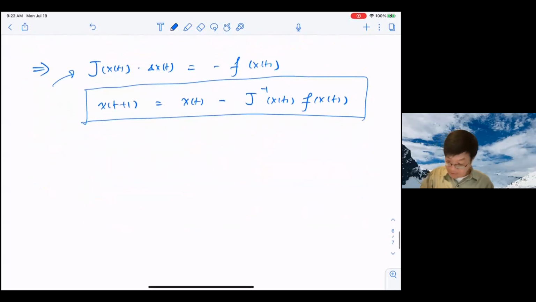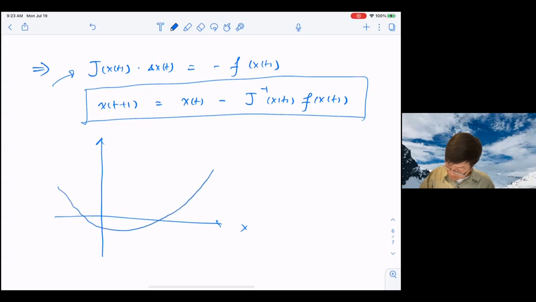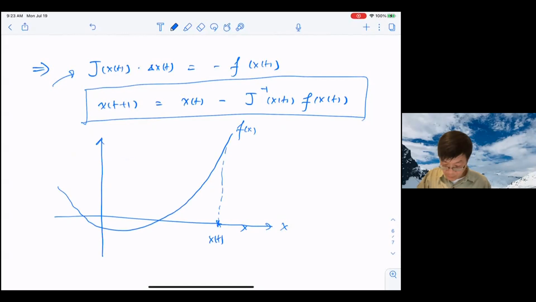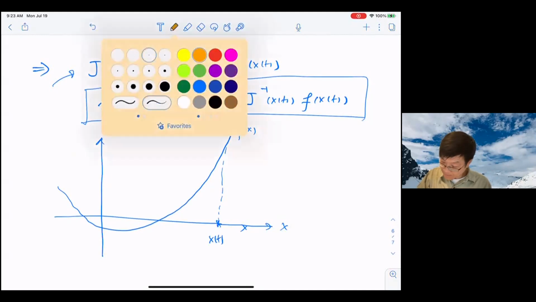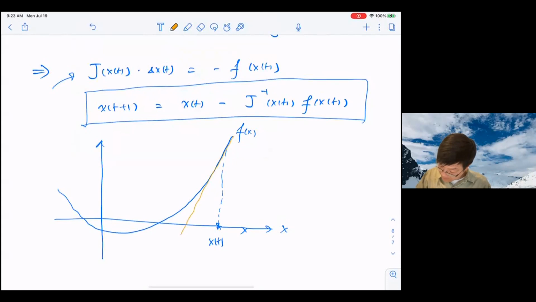So pictorially, what's going on is that this is x, and this is f of x. I'm at the point xt. I approximate my function f by a linear approximation at the point xt and f of xt.